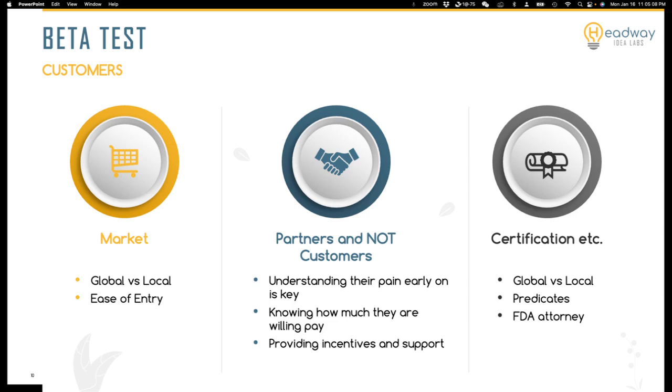Your customers should always feel that you're providing good incentives to buy, and then support: customer support, customer support, customer support. Extremely important. And then certifications that I mentioned earlier, global versus local certifications, predicates. If it's medical, find an FDA attorney, if need be, early on to help you navigate this process.